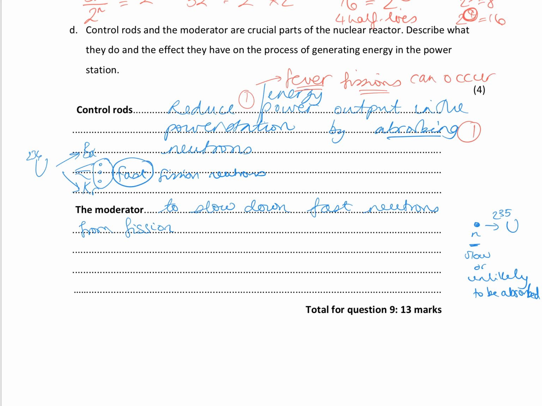So somehow they have to be slowed down. To slow something down, you bang into it in the opposite direction. So here you can have a neutron that's going really fast in that direction. And here you might have a particle in the moderator. Might be water.